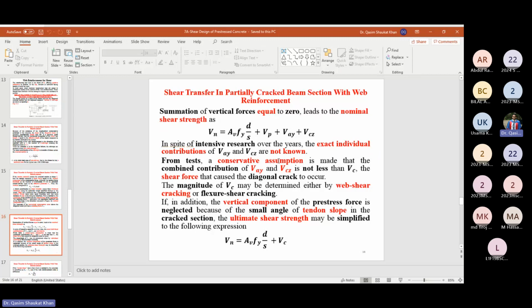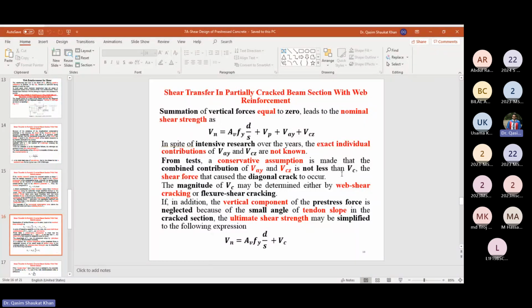Okay? So from tests, a very conservative assumption is made that the combined contribution of VAY and VCZ is not less than VC.